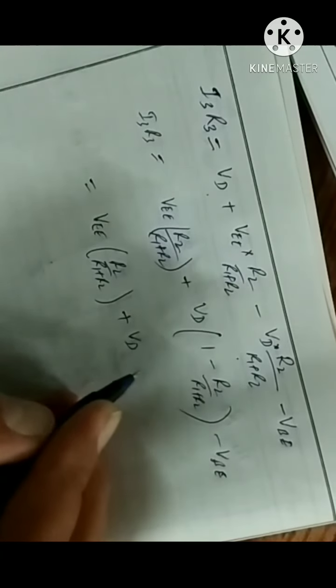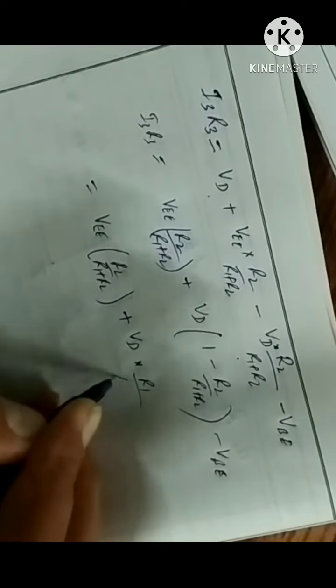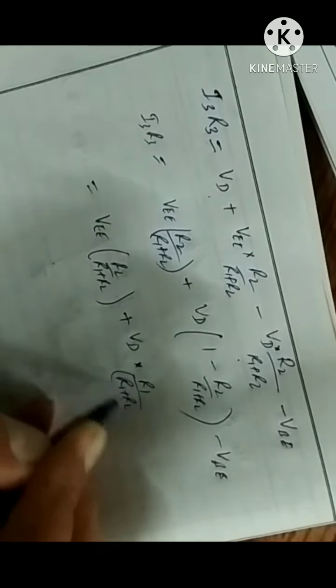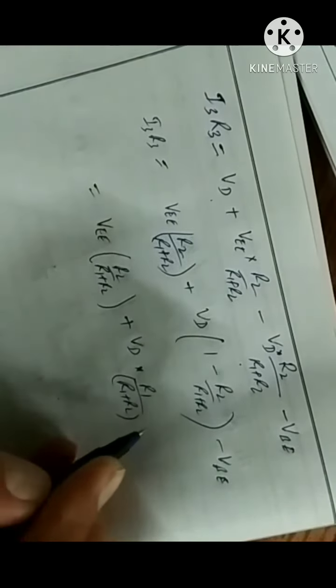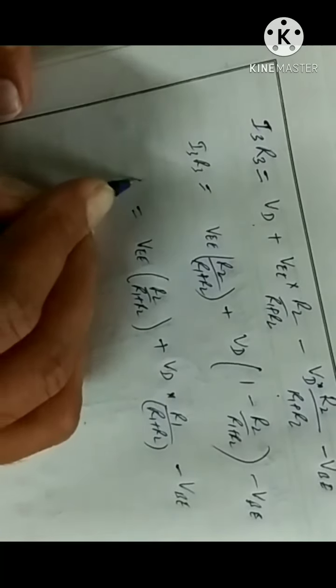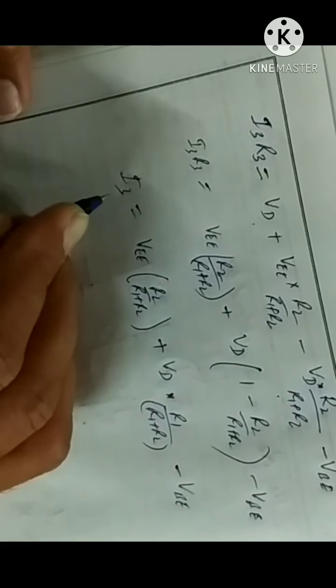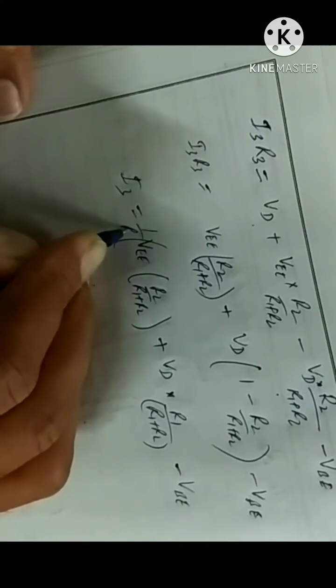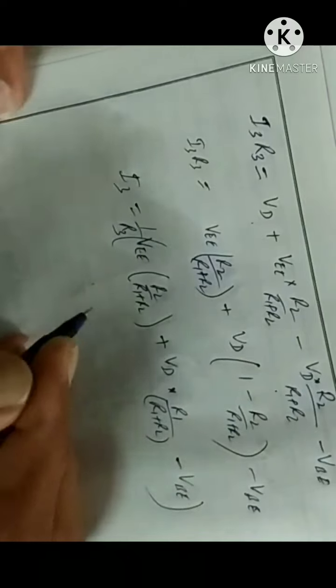If we solve this, this will become R1 by R1 plus R2 minus VBE, and if we take I3, then it will become 1 by I3 multiplied by this.